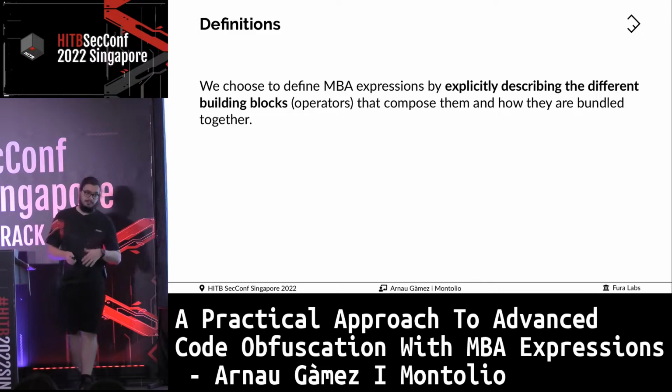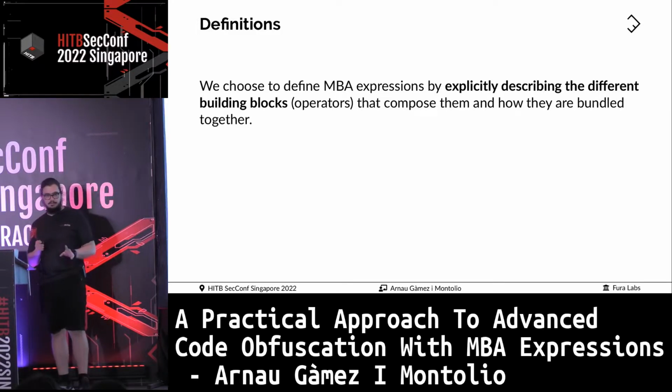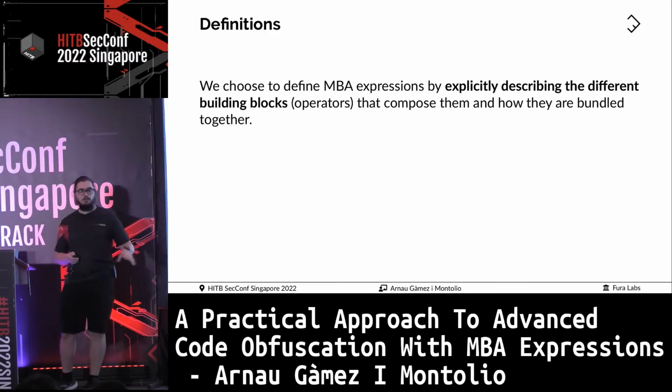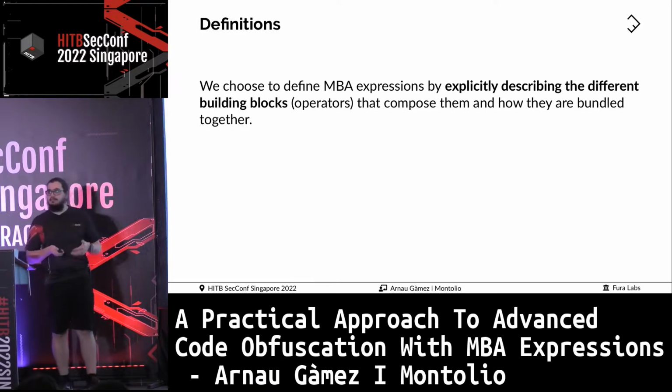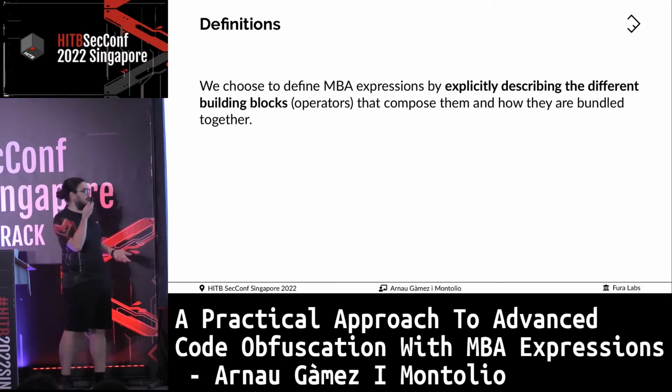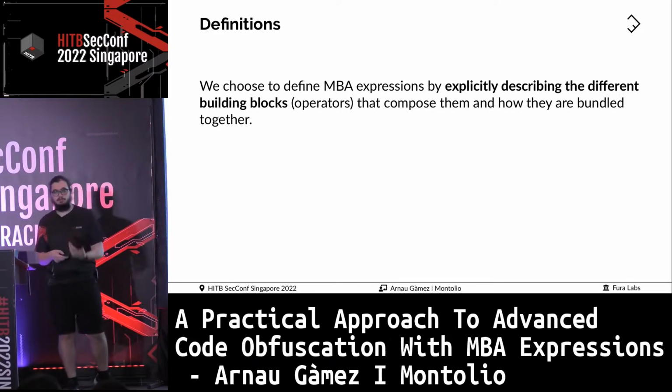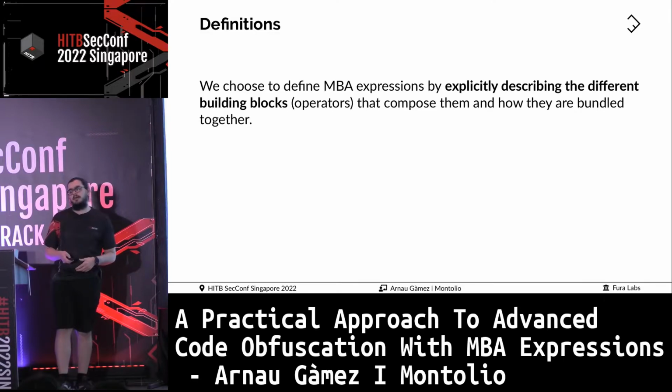Well, side note, I'm not super happy about that definition. I don't think this is the best definition. But for our practical standpoint and for the purpose of obfuscation, just defining MBA expressions in terms of describing the different operators that get combined together, and in which way they get combined, will be more than enough and a little bit simpler to understand.